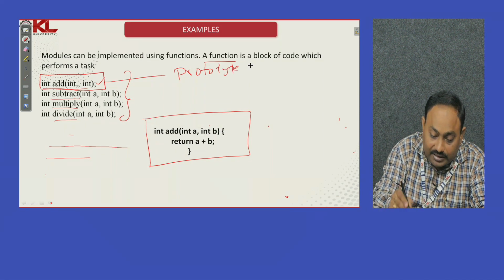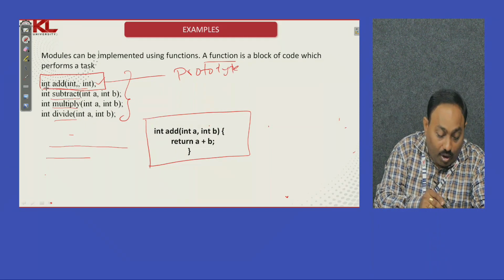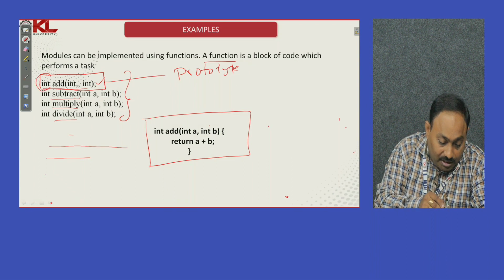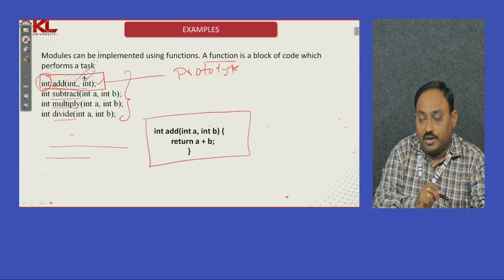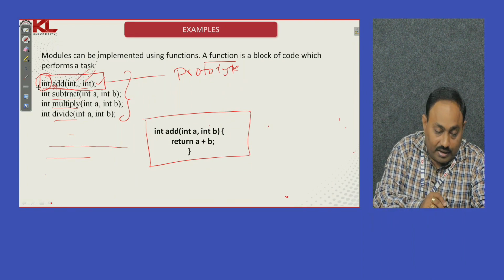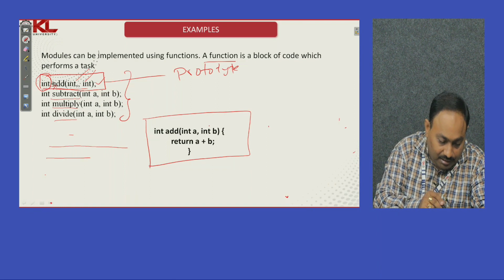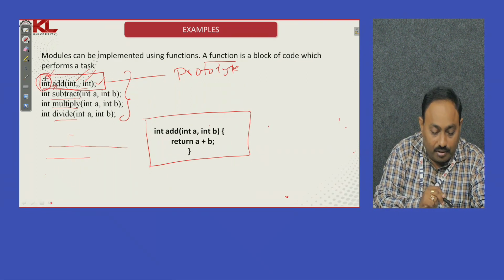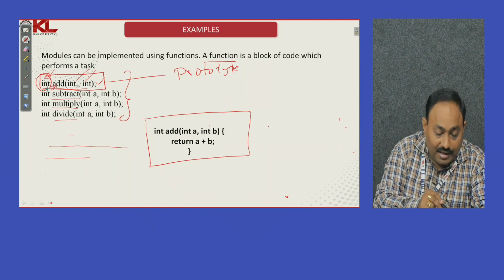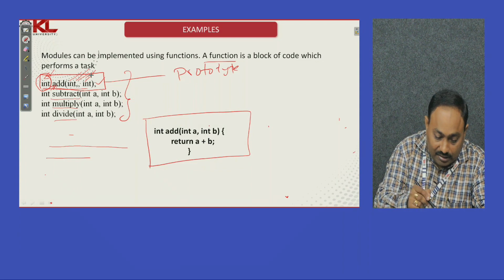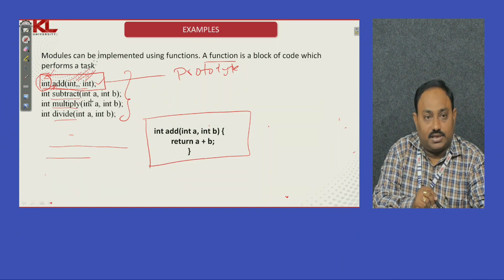It indicates the output or result of this function, the name of the function, and the inputs to this function. This function gives an integer number as output, its name is add, and it takes 2 integer numbers. That is how we give the specification.